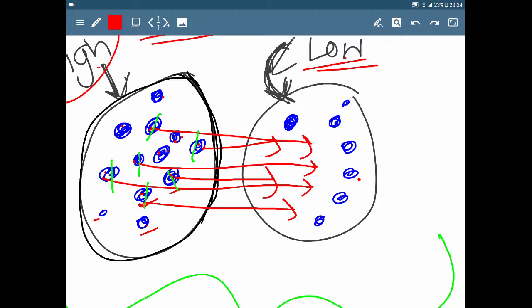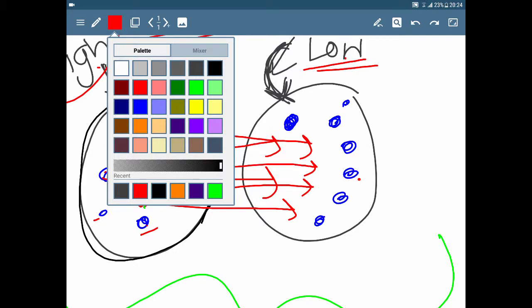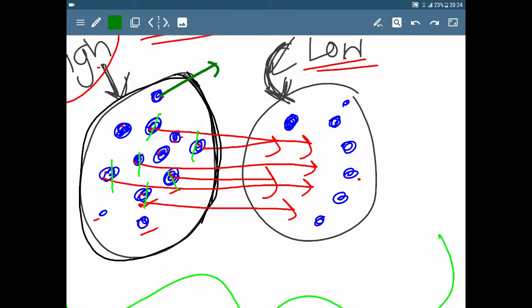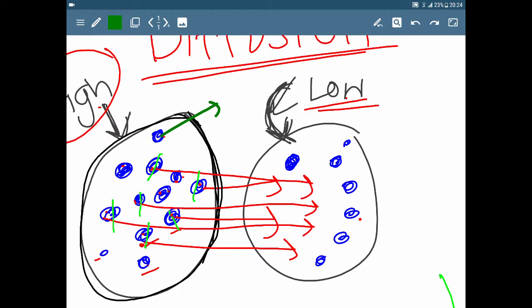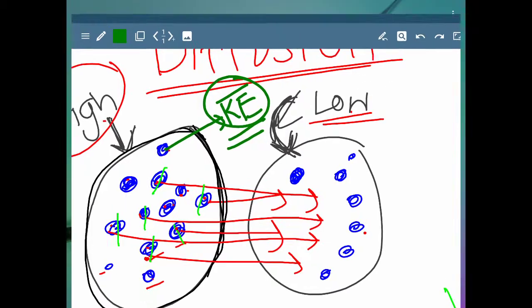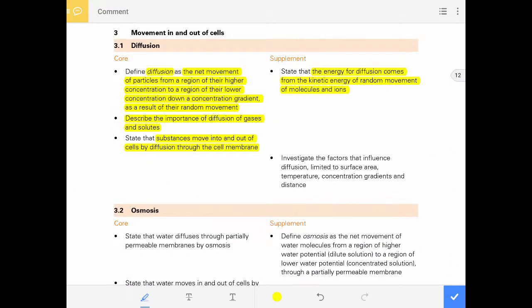The energy in these molecules is not ATP, but kinetic energy. Obviously each particle moves and collides, so they all have kinetic energy, which makes them move, and when they move they can diffuse, both molecules and ions.